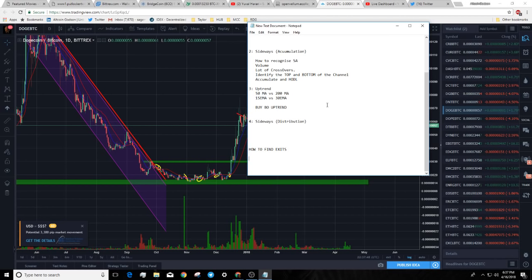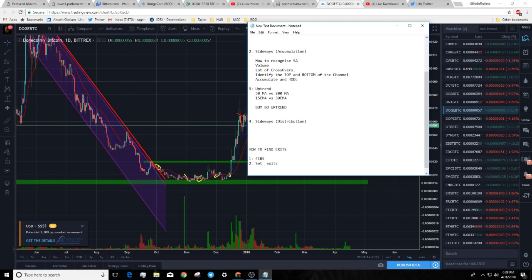And there are 2 or 3 basic exit strategies. The first one is to use fibs, which I use rarely. The second one is to set arbitrary exits, just random exits.